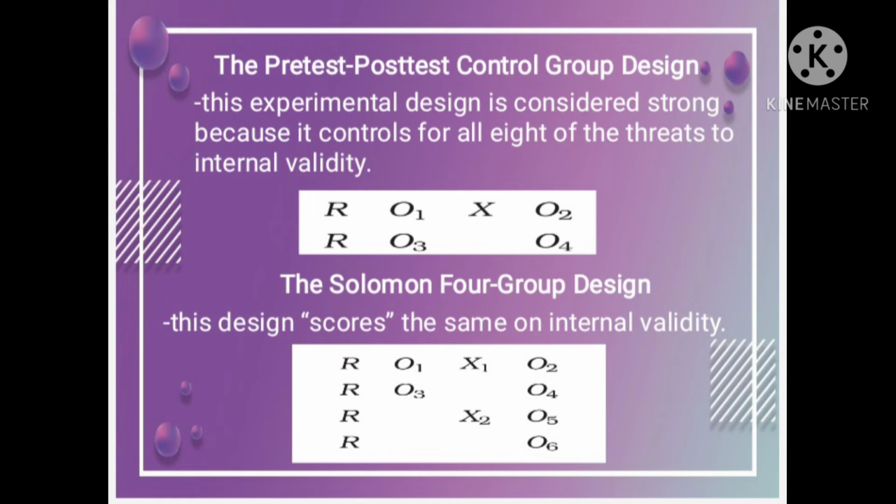2. We have the Solomon 4 group design. This design scores the same on internal validity. As can be seen, this design involves 4 randomly assigned or equivalent groups, 2 of which receive the experimental treatment and 2 of which are given post-test only. 3.